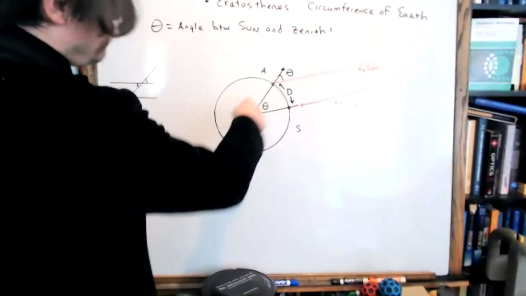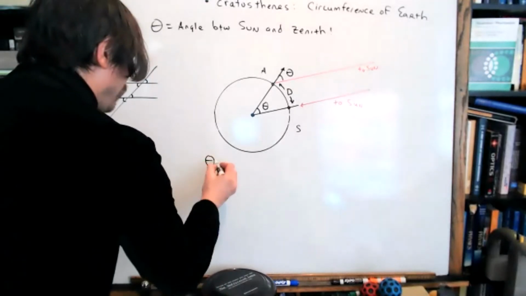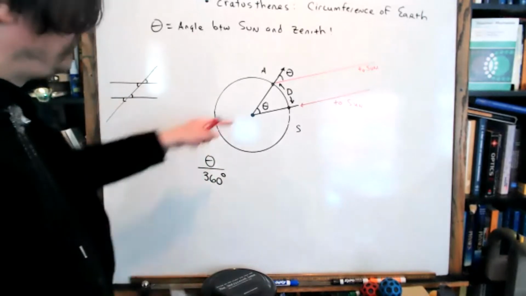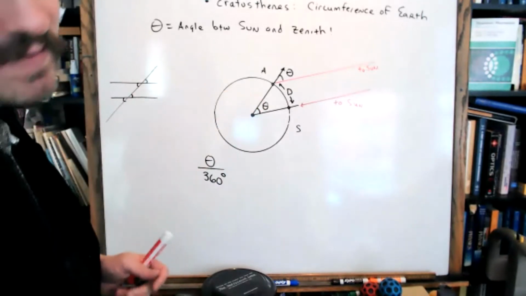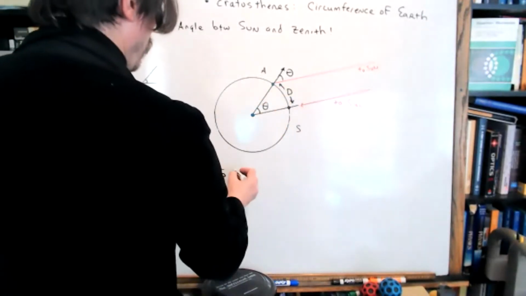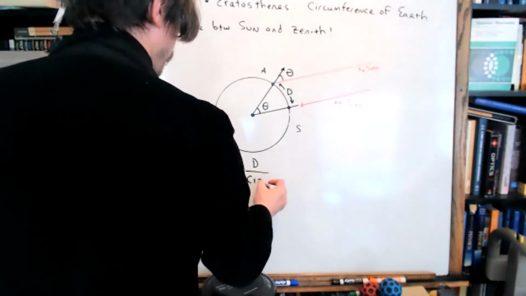He said, let's imagine this little slice here is kind of like a piece of pizza. That angle theta will be some percentage of 360. But the distance d between the two cities will be the same percentage of the circumference.